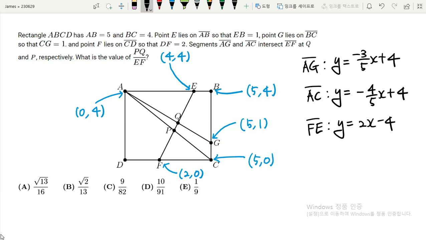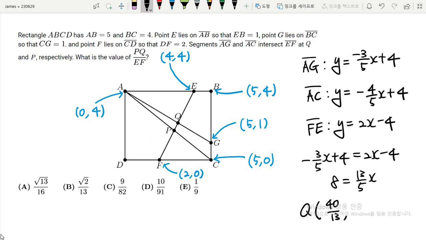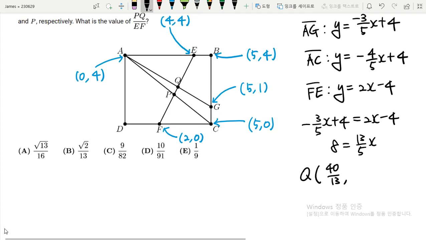So Q's x coordinate is 40 over 13. I think the x coordinate is enough. So yep, Q's x coordinate is 40 over 13.